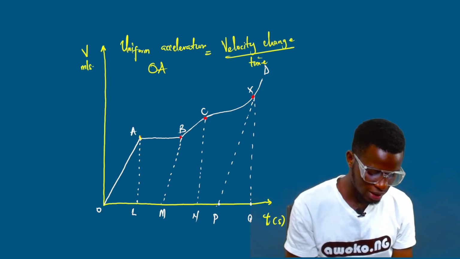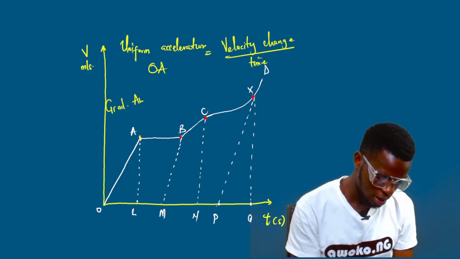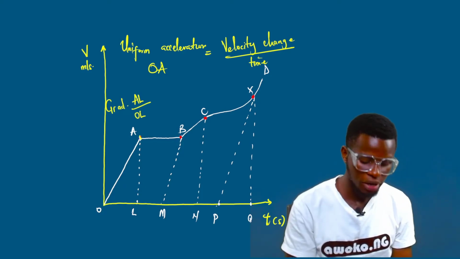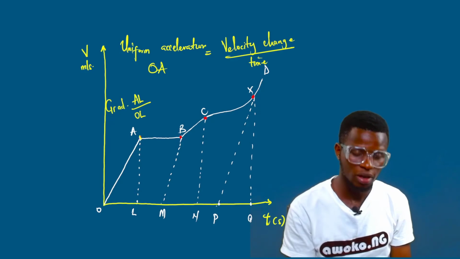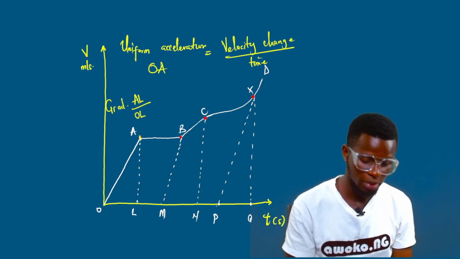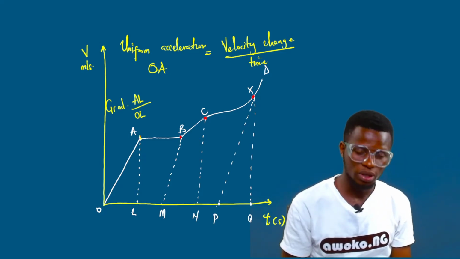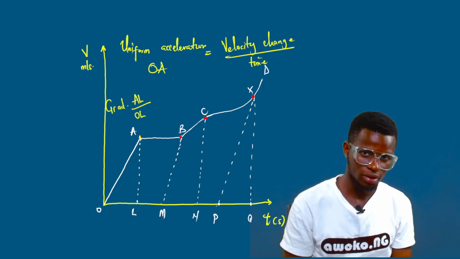So the gradient of OAL is given by AL all over OL. Remember, gradient is the distance covered divided by the time. So it covers the distance OA, and then within the time OL. Is that okay?